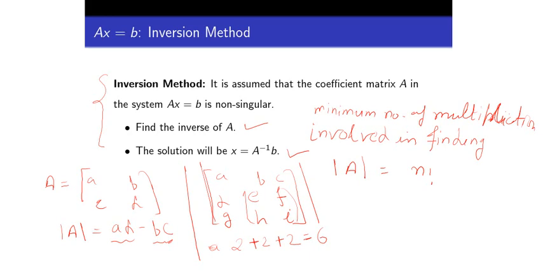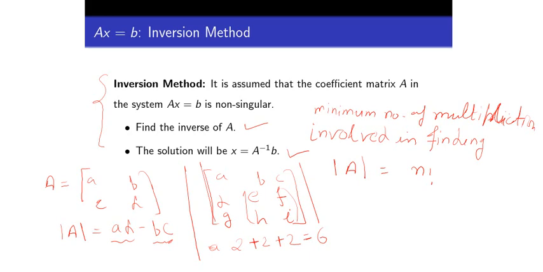Now similarly for 4 cross 4, you will have minors of order 3, and you have them how many times? 6 into 4, that is 4 factorial, and so on. So the minimum number of multiplications involved is n factorial.